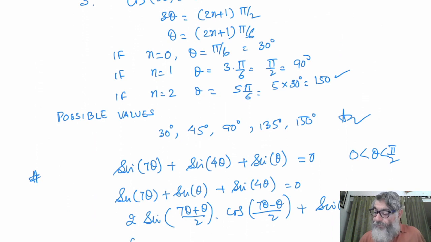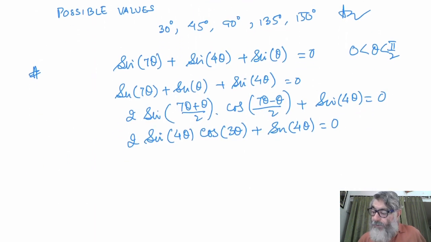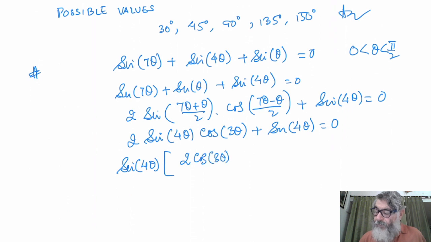Now it will become 2 sine 4 theta, 7 theta plus theta, 8 theta upon 2, and cos 3 theta, 6 theta upon 2, plus sine 4 theta is equal to 0. Now let's take sine 4 theta common. Sine 4 theta times 2 cos 3 theta plus 1 is equal to 0.